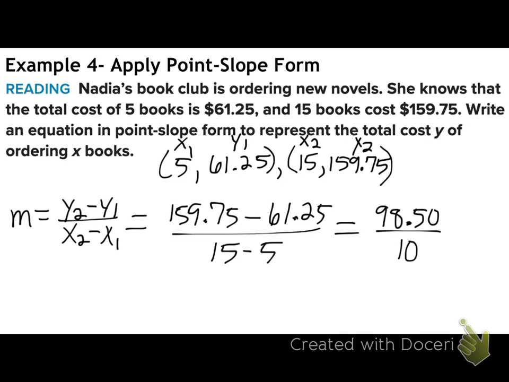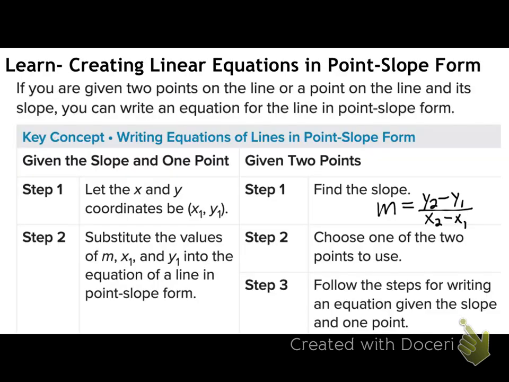What's 98.50 divided by 10? 9.85. Ooh, that's ugly. So my slope here is $9.85. Essentially, each book costs $9.85. We okay with how I found the slope? Makes sense. Okay.